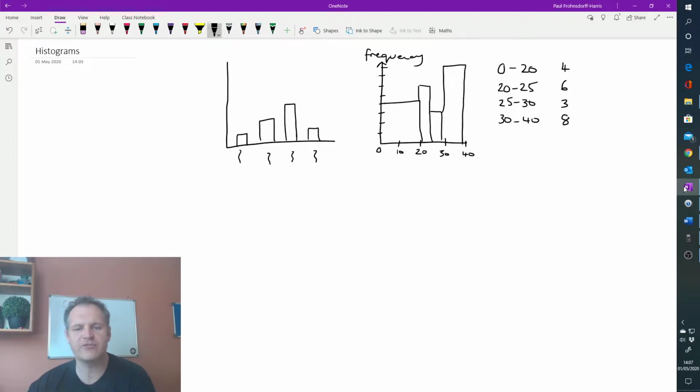And the problem comes here. Our eyes don't function on height when the bars are different widths. Our eyes naturally look at this and go, the biggest region here is the 0 to 20, even though it's not as high. In fact, this region here is bigger.